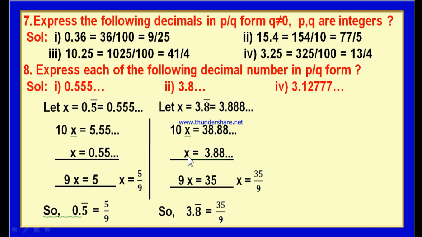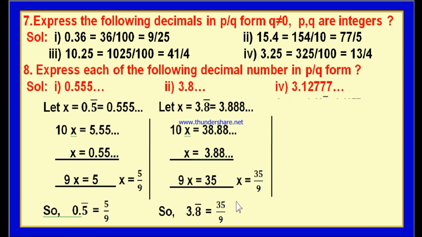Below this write the x value, x is equal to 3.8 recurring. Now subtract: 10x minus x is 9x, and the recurring 0.888 parts subtract to 0. 38 minus 3 is 35, and x is equal to 35 divided by 9. Therefore 3.8 recurring can be written in P by Q form as 35 by 9.